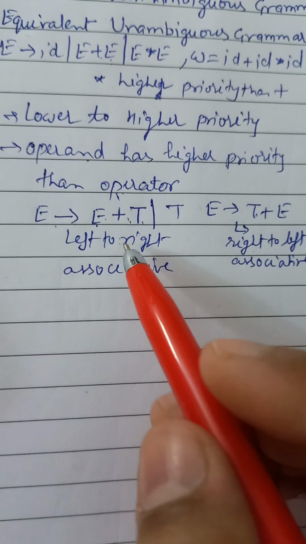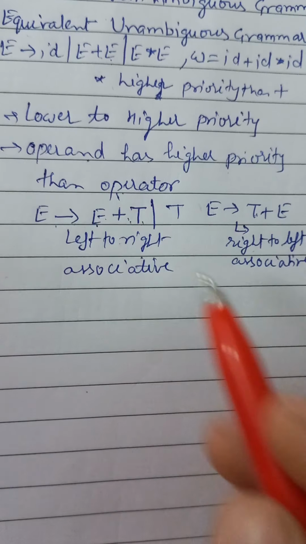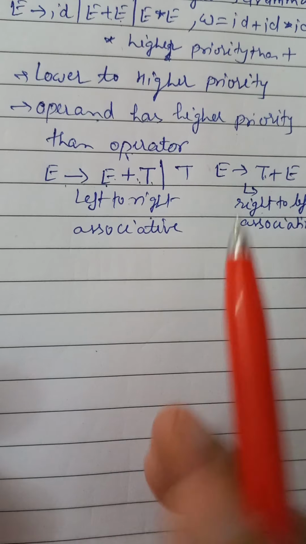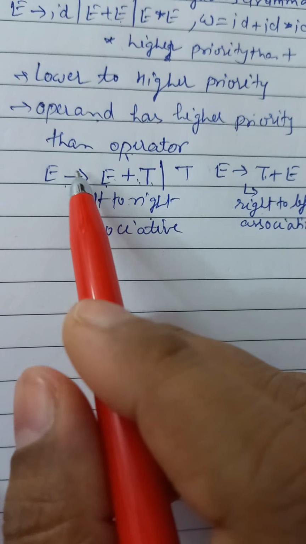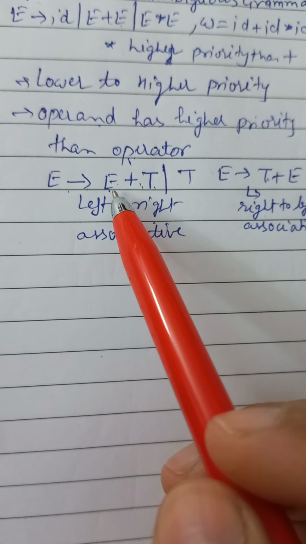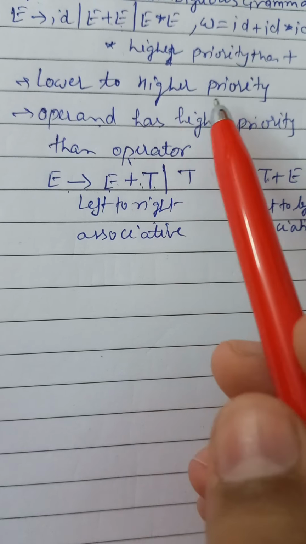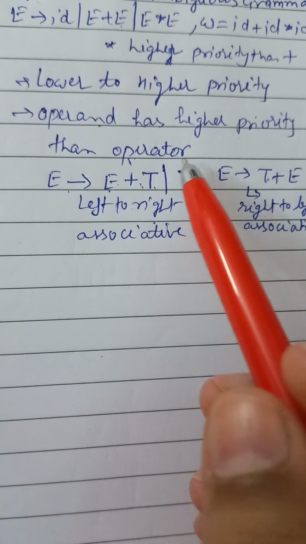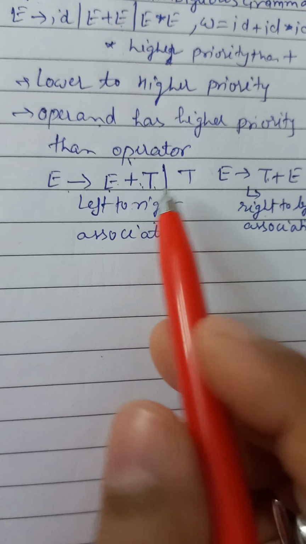If we put the new variable on the right hand side, this is called left to right associative. So this is the only difference. Whichever way we want, we can write according to the need, but here we are taking only left to right associative. So to remove the ambiguity, we go from lower to higher priority. First we take plus and write E tends to E plus T or T, with a new variable.